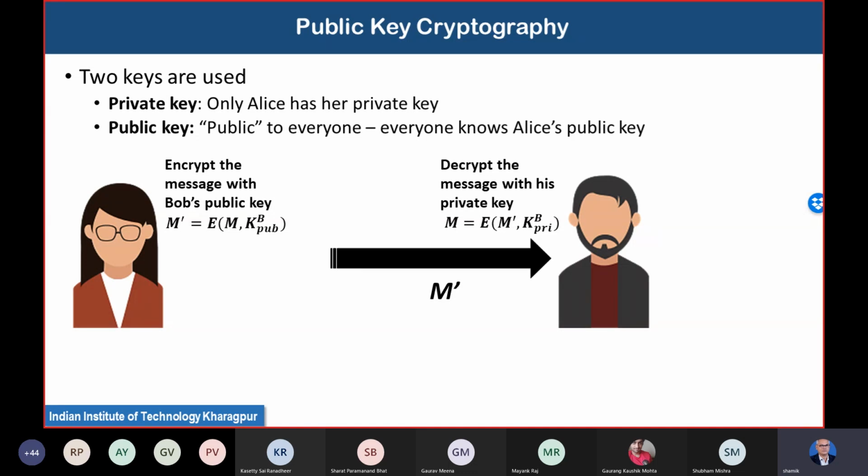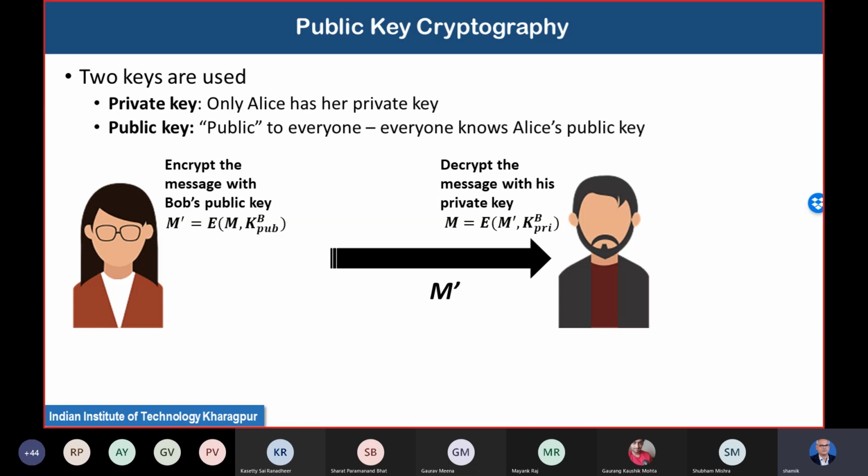Bob has his private key, which is known only to Bob, and Bob has a public key which is known to everybody, including Alice. Just as Alice has a public key private key pair, Bob also has a public key private key pair, and this particular application that is shown makes use of Bob's keys and not Alice's keys.